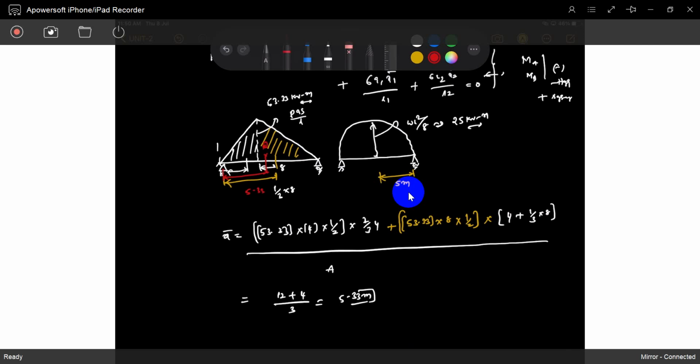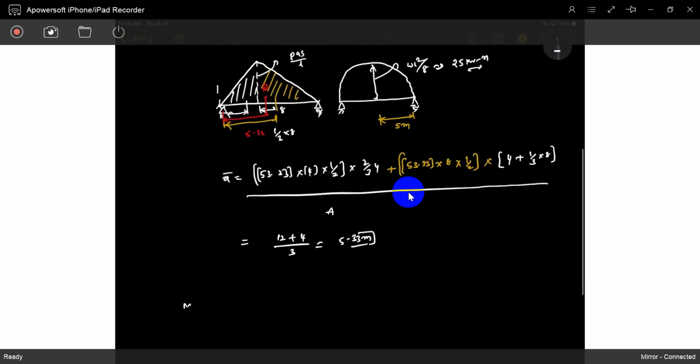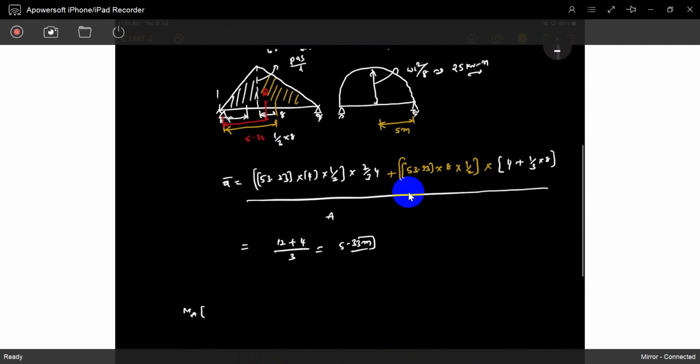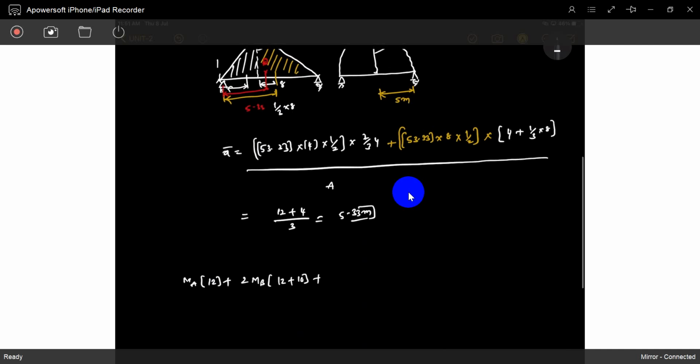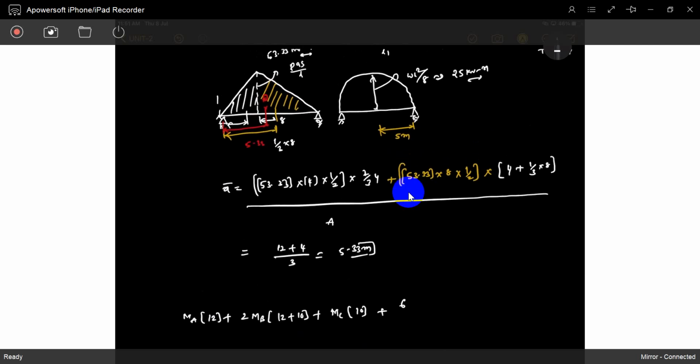Okay, so that's one thing. So we got it. So we will do the formula. So okay, MA L1 is what? L1 is 12. 2 MB, L1 plus L2 is 10. MC, 10 plus 6 area. So what is the area of the first? First area is same.